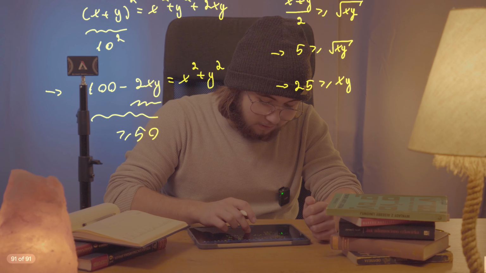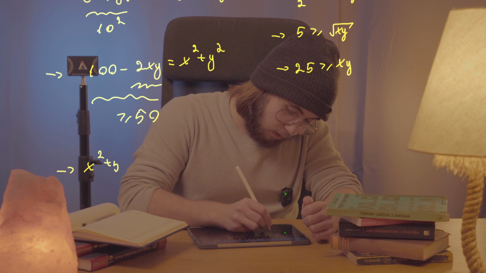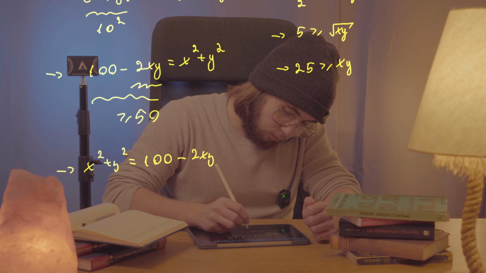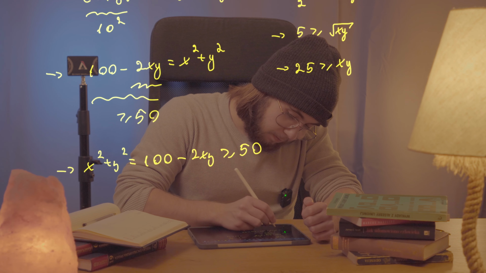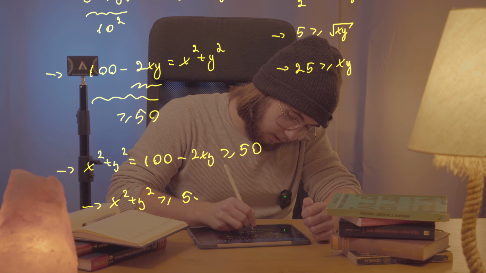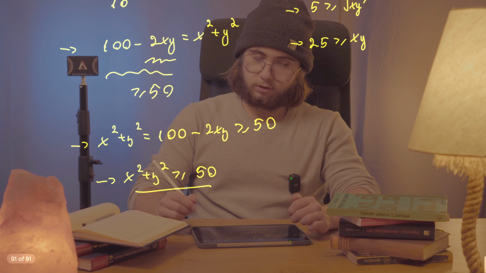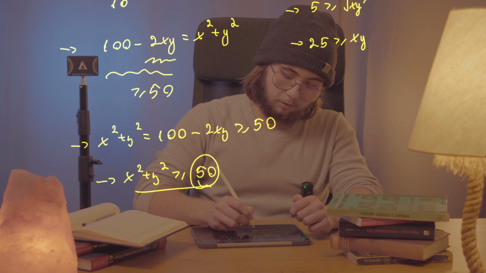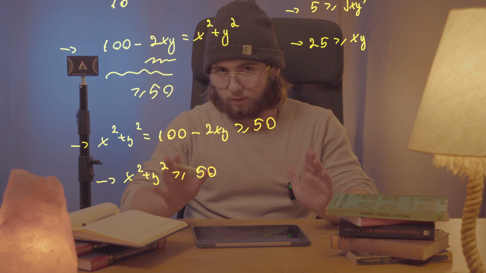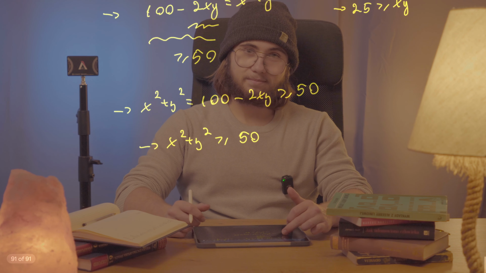And so we see by this that since x squared plus y squared is equal to 100 minus double xy, which is at least 50, we see that x squared plus y squared is at least 50, and this is exactly what we were supposed to find. I mean, this 50 right over there is such that x squared plus y squared cannot be smaller than that, and so we managed to minimize x squared plus y squared.